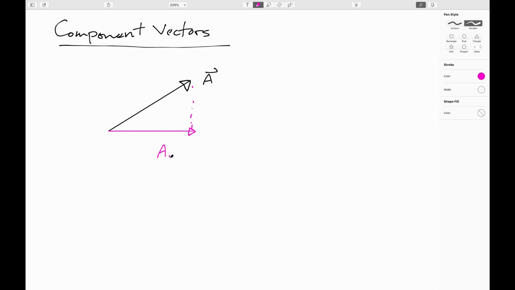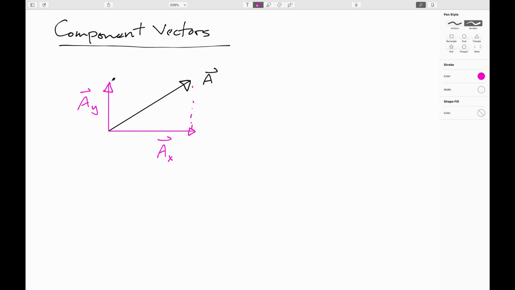And this one will be called A sub x. This is a vector in the x direction that goes as far to the right as our vector A would. Similarly, we can do the same kind of thing for up and down. We can have the vector that points purely in the y direction that we call A sub y. And this is just the vector that points up and down exactly as much as our vector A does.